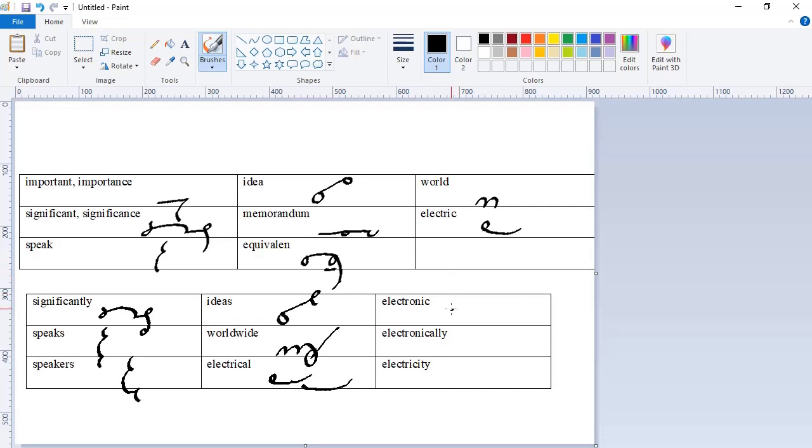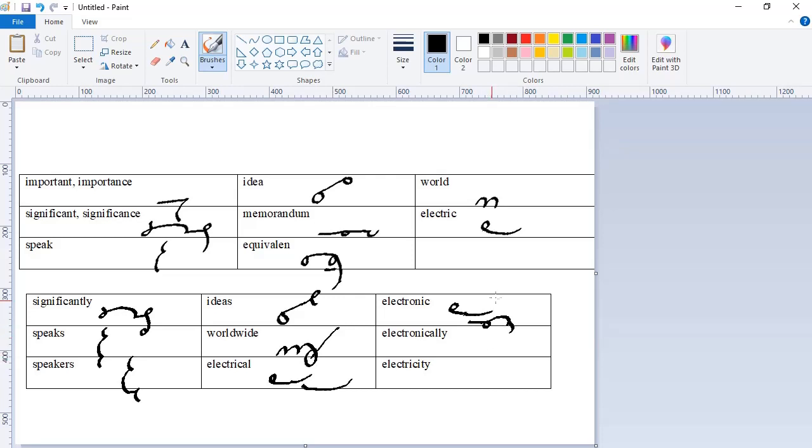So we have electric, and then nix, electronics, or electronic. Tanggalin mo na lang yung S kung electronic. Pagka electronics, may S. Okay? Kasi yung hirap mag-erase eh.